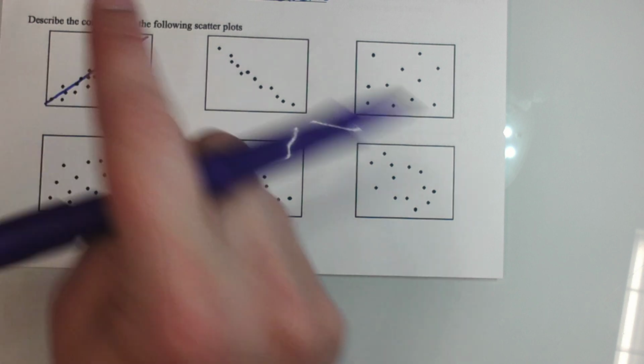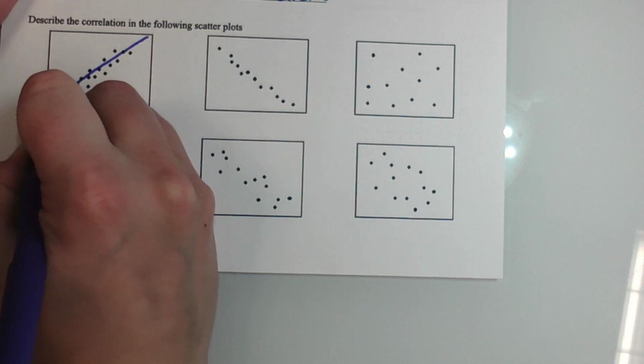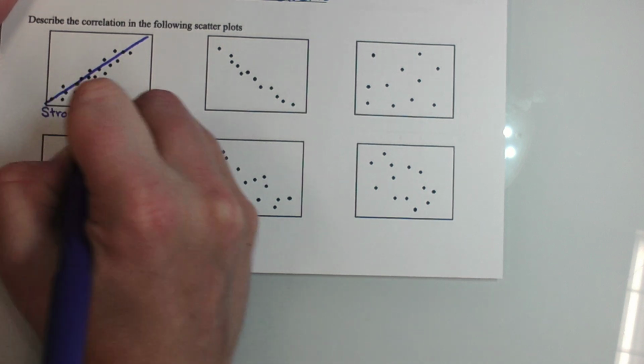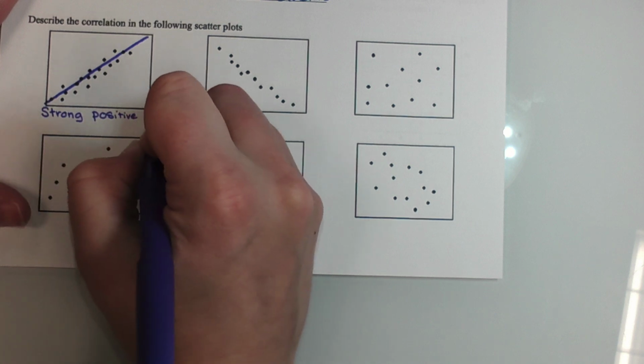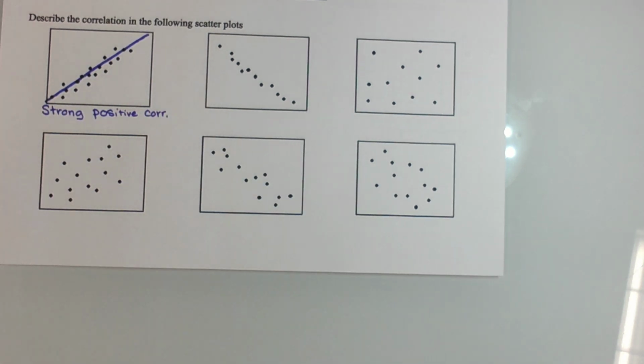This is a strong positive correlation. In this case, our R value would probably be like 0.8, 0.9 because it's making that linear relationship.